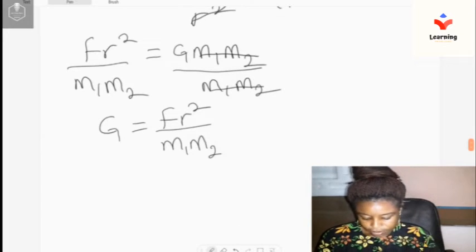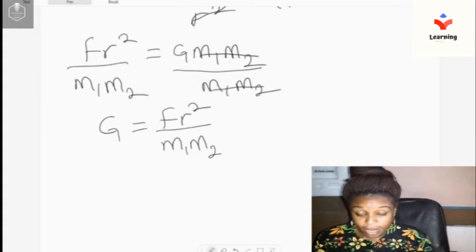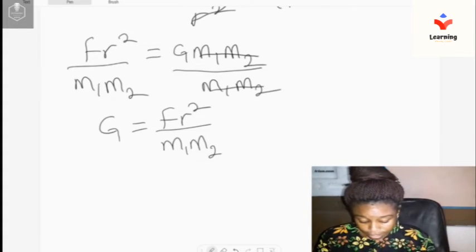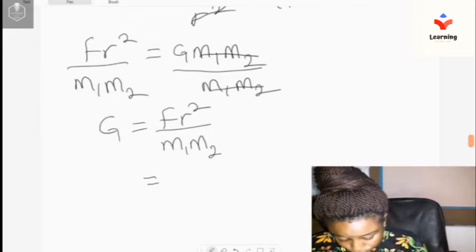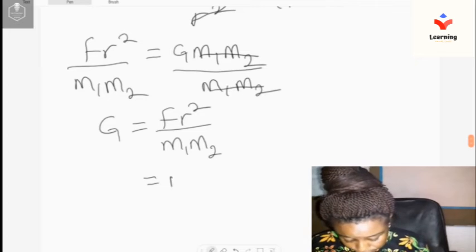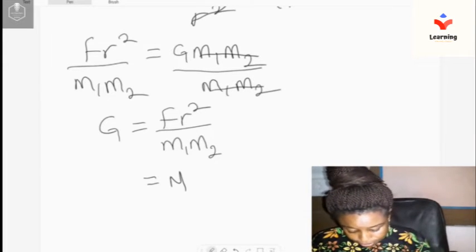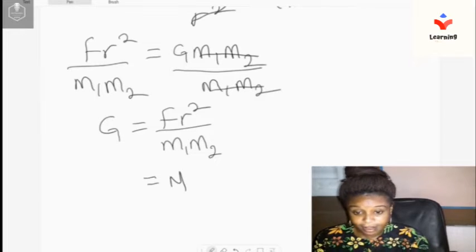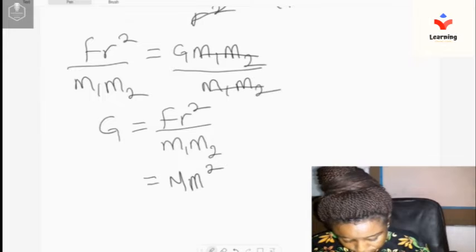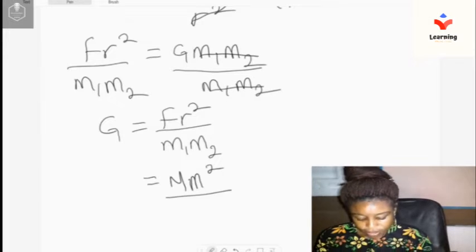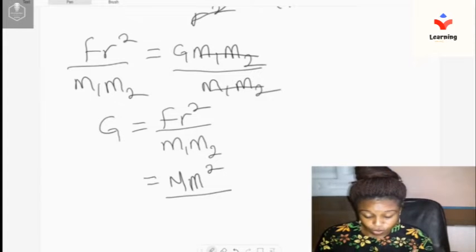So from the formula, we can get our SI unit for the universal gravitational constant. The unit of force is Newton. The unit of distance is meter, and don't forget that we have r squared, which will give us meter squared, divided by the unit of mass, which is kilogram, and we have two masses there.